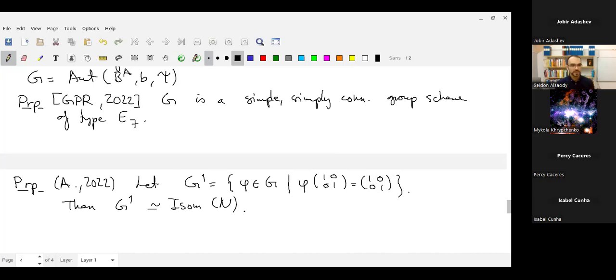Well, doing this under the assumption that 6 is invertible is not very difficult.